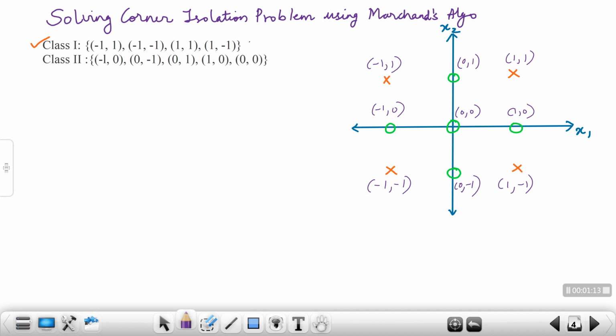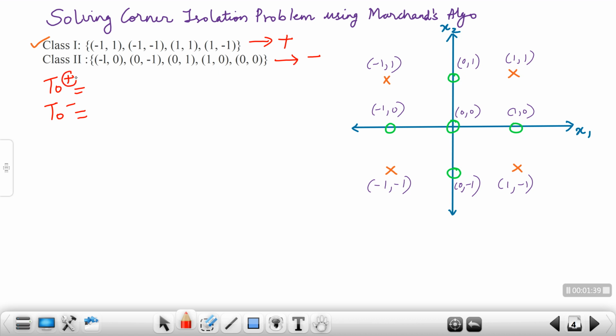So at the beginning, what is the data set? We have T0 plus and T0 minus. T0 plus is the number of samples which are left to be classified at the beginning. Plus indicates class 1 and minus indicates class 2.